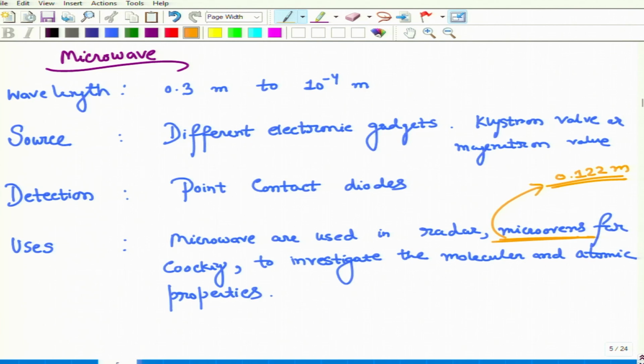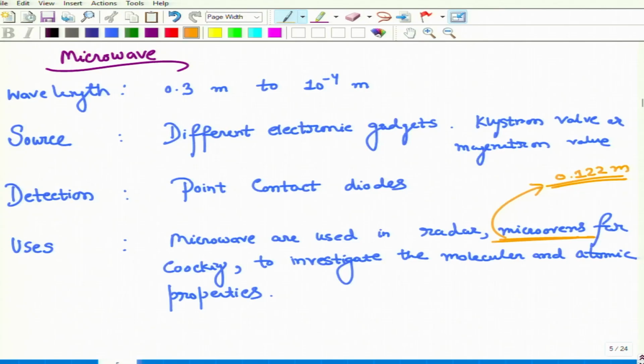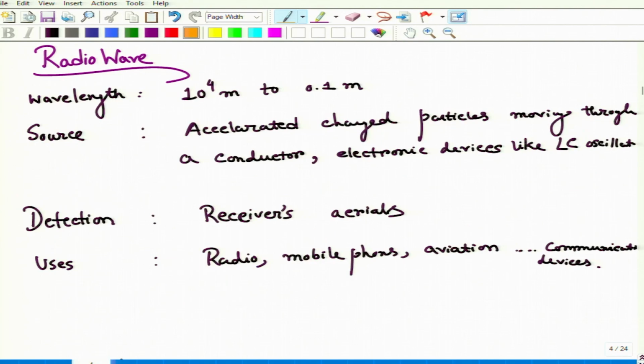Let me state something here that later you will study some spectroscopy. By using spectroscopy we basically understand the structure of molecules and atoms. So basically we can study inside the molecule or atom. There are different kinds of spectroscopic techniques, and for them we need different regions of the electromagnetic waves.